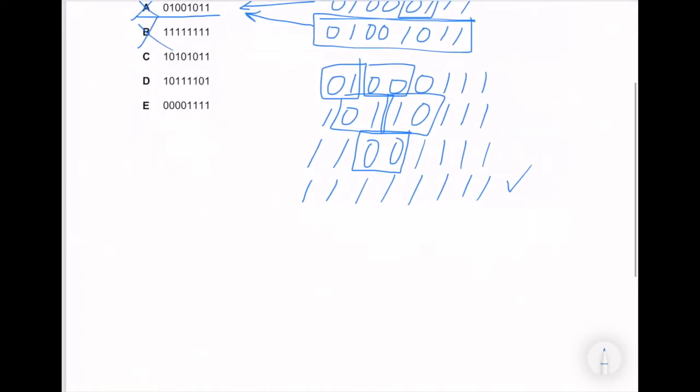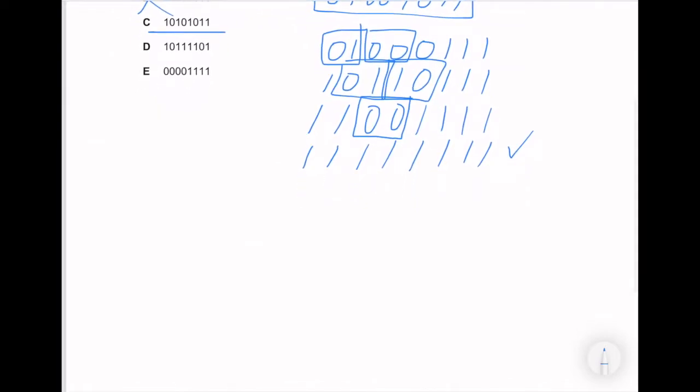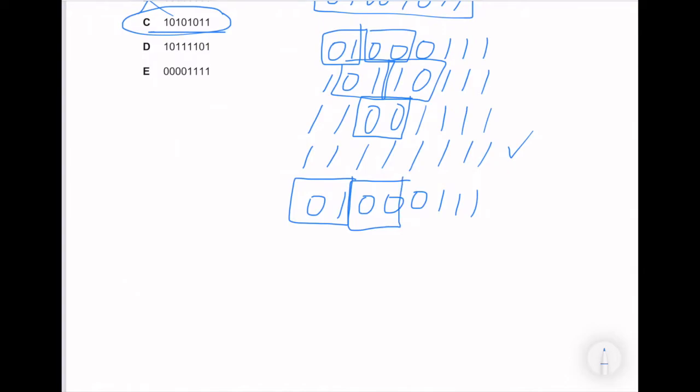Let's try to get this answer here, C: 1, 0, 1, 0, 1, 0, 1, 1. So 0, 1, 0, 0, this is the original string, and we're trying to get C. Let's start by flipping the first numbers. The first two numbers are wrong, the second two numbers are wrong, and the third set of numbers are wrong.